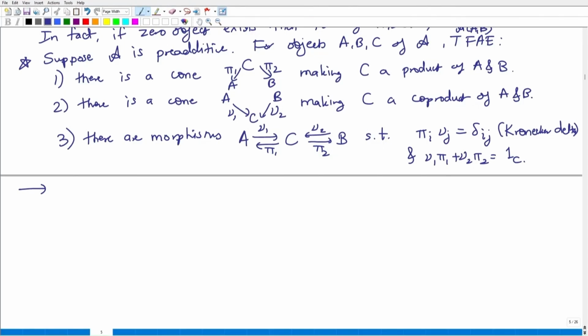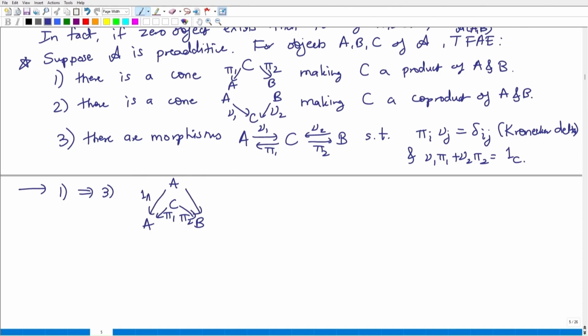Okay. Let's try to prove 1 implies C. So we are given that this is a product diagram. You have to take A, B, C, pi 1, pi 2. Now I am suggesting start with A and form a cone over the base diagram.